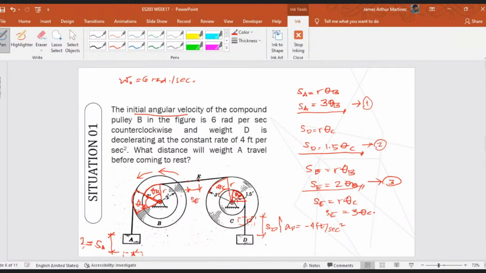So 3 times the angular displacement of C. This is now our fourth equation.